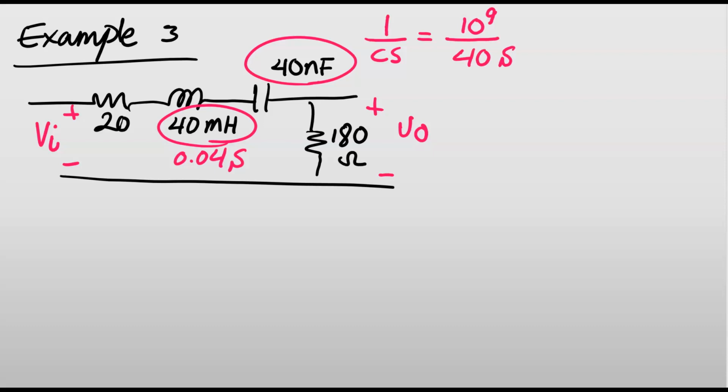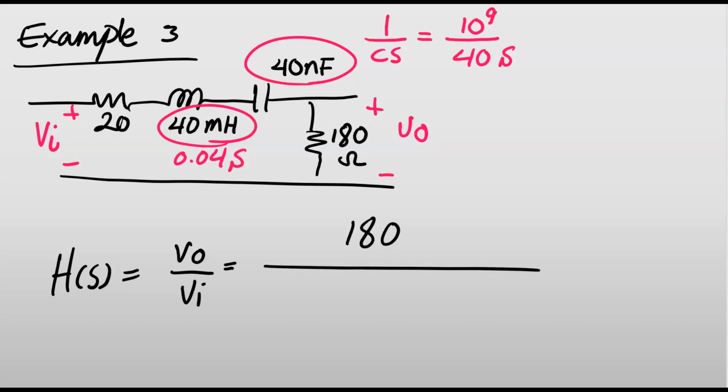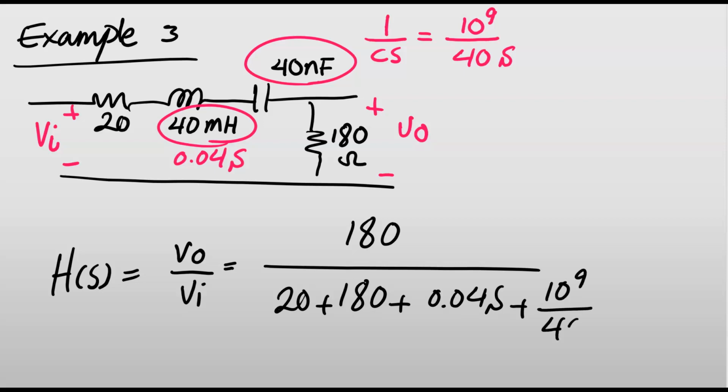Okay, now let's do the transfer function. For H of s, I need to describe VO over Vi. So again, another voltage divider, which is going to be 180 divided by 20 plus 180 plus 0.04 s plus 10 to the 9 over 40 s.